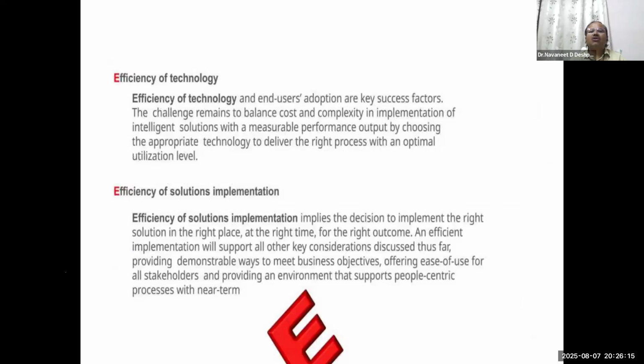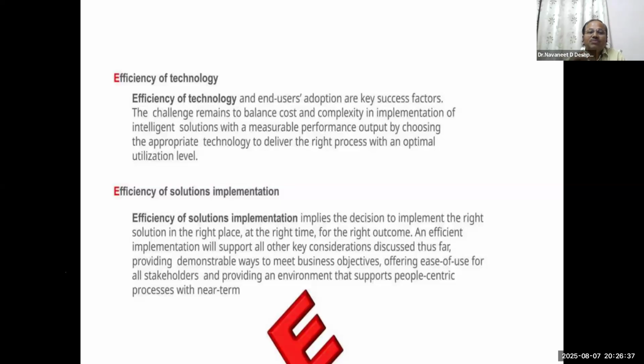Then measurement of that performance, giving awards to top performers, choosing the best employees, and being able to deliver the right processes with the optimum utilization level. And efficiency of solutions implementation: for the right time, for the right place, at the right outcome, and efficient implementation.